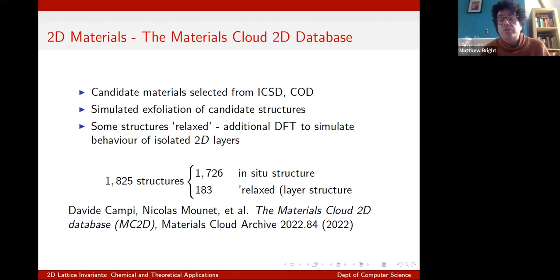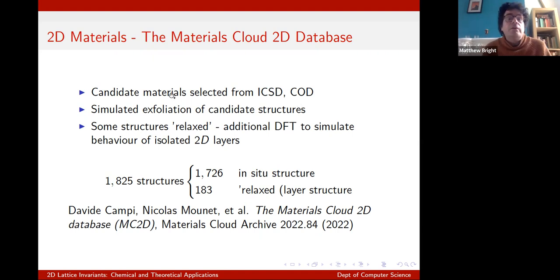So what might happen if you do in fact isolate it is answered a little bit by an analysis of this second, rather smaller database, the Materials Cloud 2D database. Again, these select candidate materials from the ICSD, the inorganic database, and the crystallographic open database, COD. And here they do actually simulate, rather than just calculating the exfoliation energy.